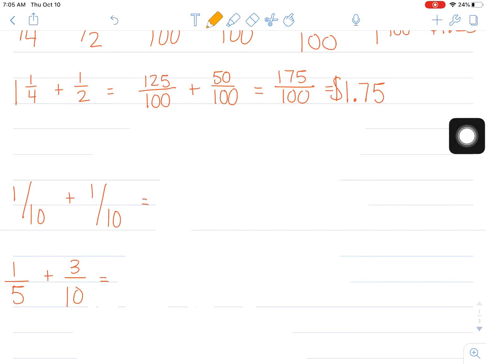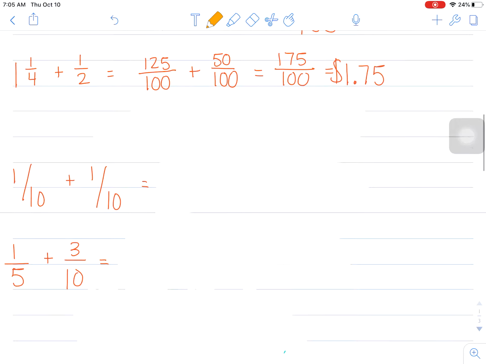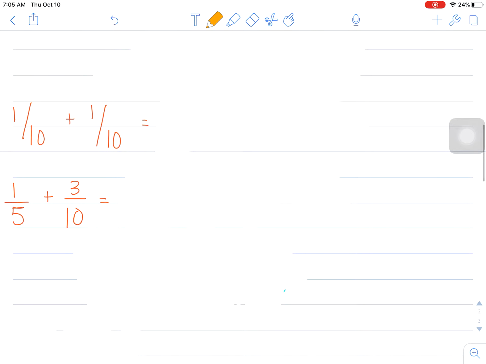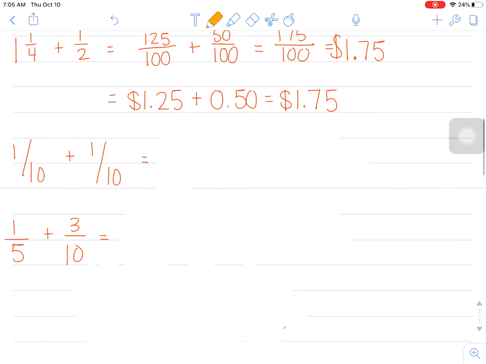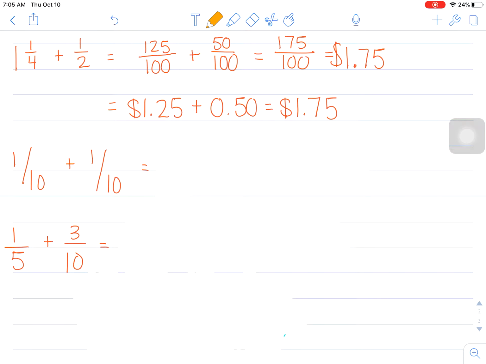At this time, you can pause the video to solve the next problem. Okay, and just to take it one step further, the previous problem, we have 125 cents or $1.25 and 50 cents, which equals $1.75.